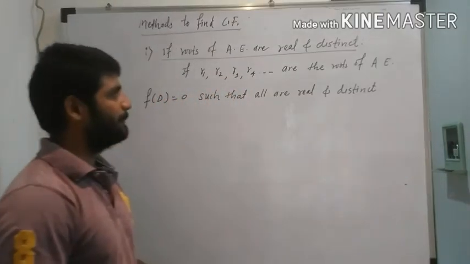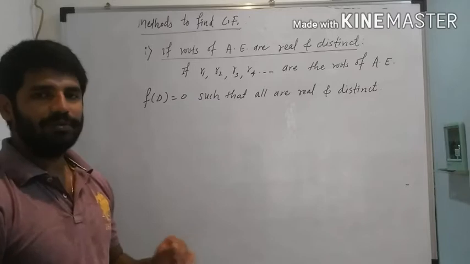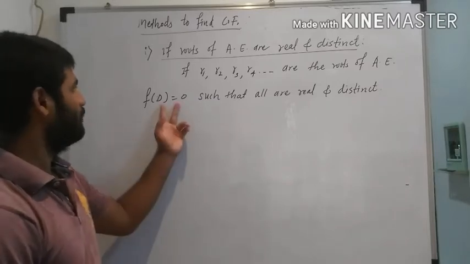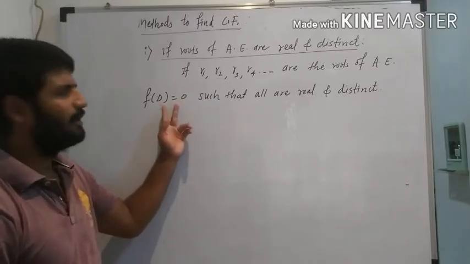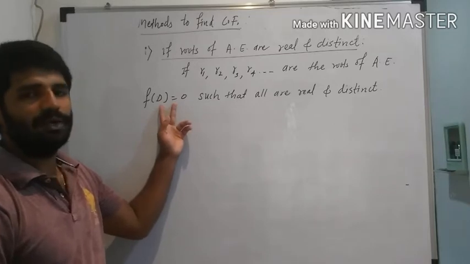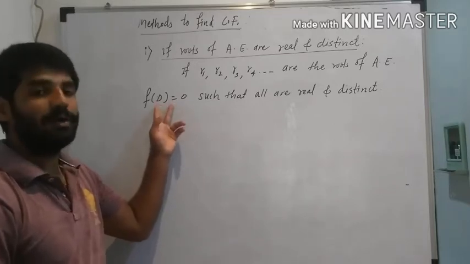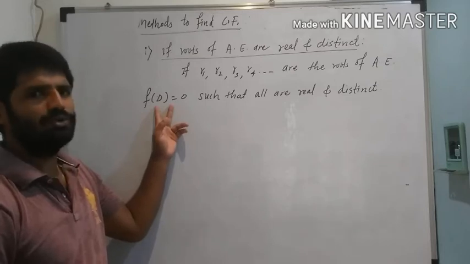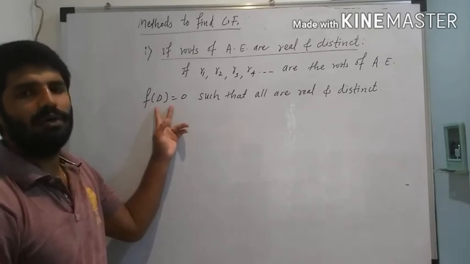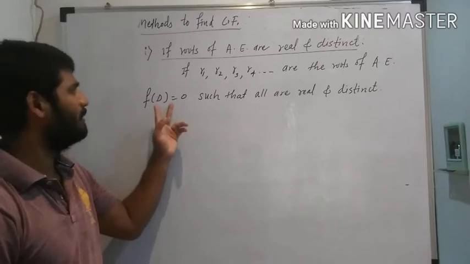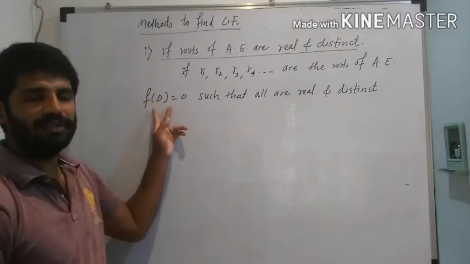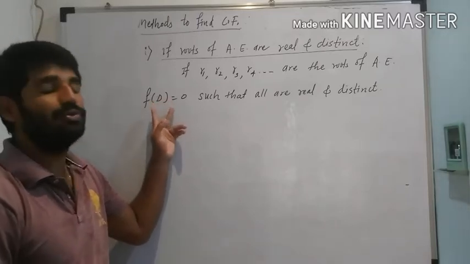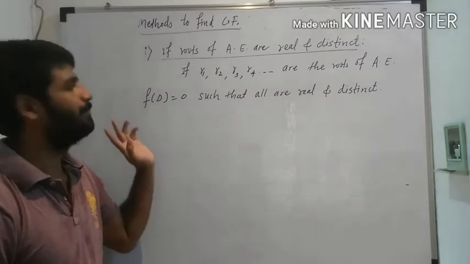See your first case. If you solve the auxiliary equation f of D equal to 0, this is an algebraic equation. If this is quadratic, then we have to find the roots by factoring, or we can use the formula directly to find the roots of the quadratic equation. And if this is a cubic, fourth degree or fifth degree equation, then we have to use the synthetic division method.